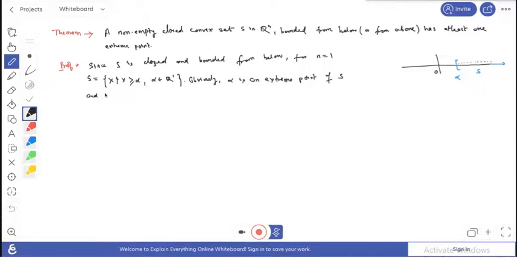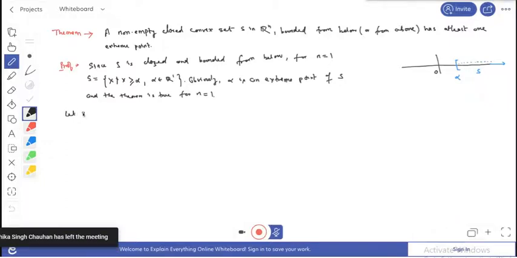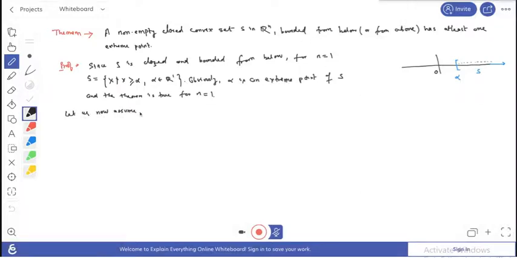So the theorem is true for the one dimension case. Now we suppose that this theorem is true for n equals to m. So let us now assume that the theorem is true for n equals to m.